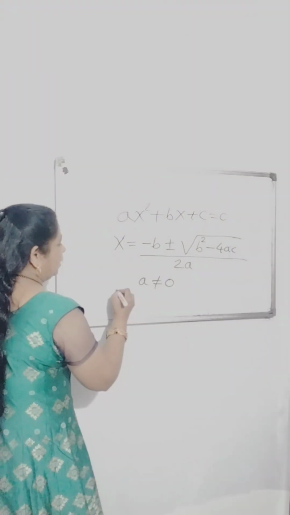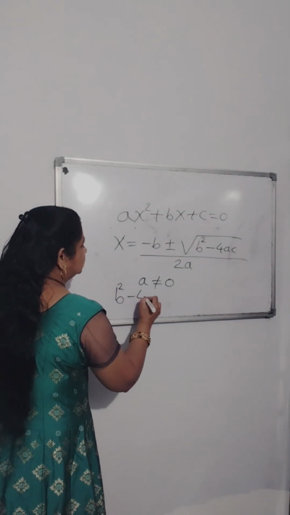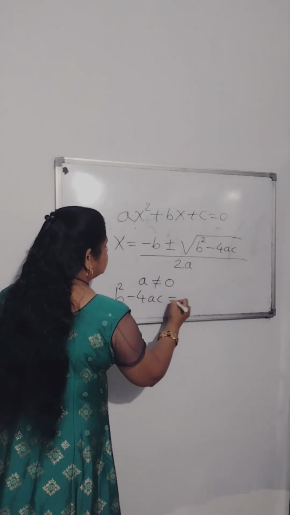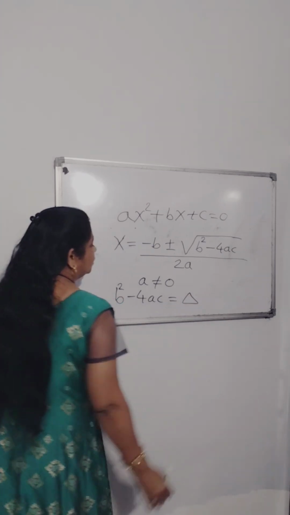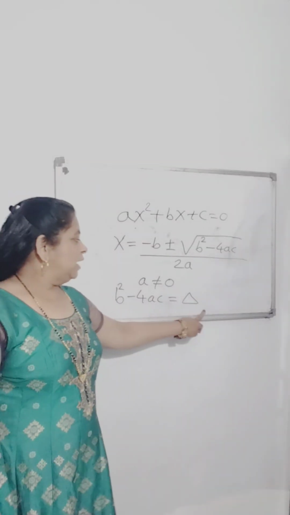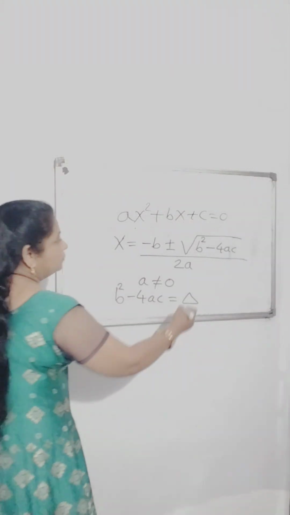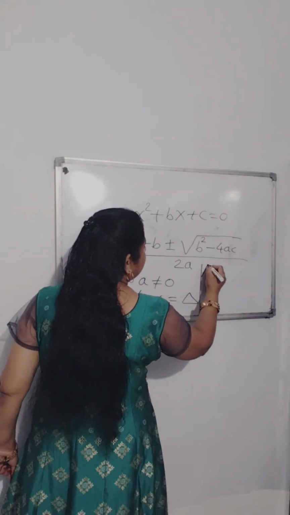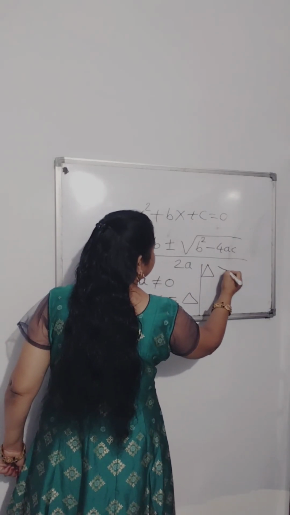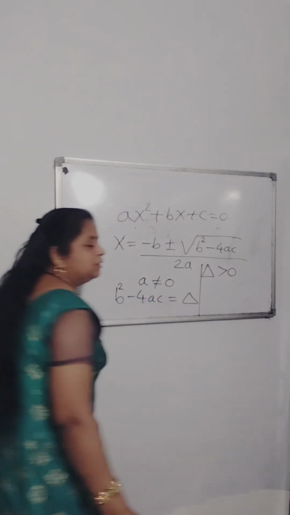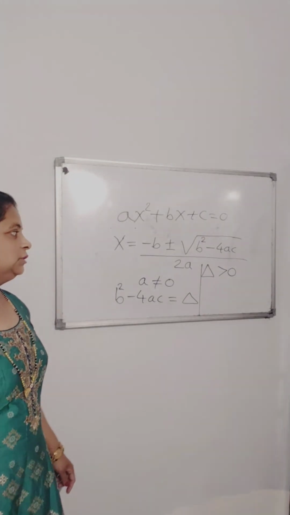Here b square minus 4ac is called delta, or we can say the discriminant. If delta is greater than 0, then we get two real roots.